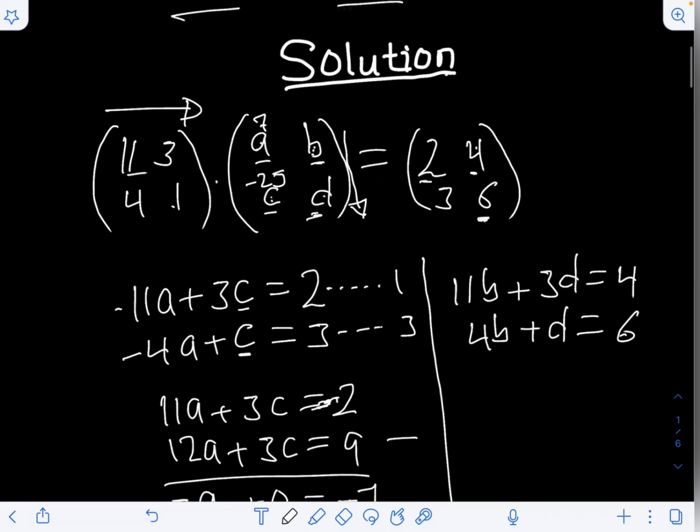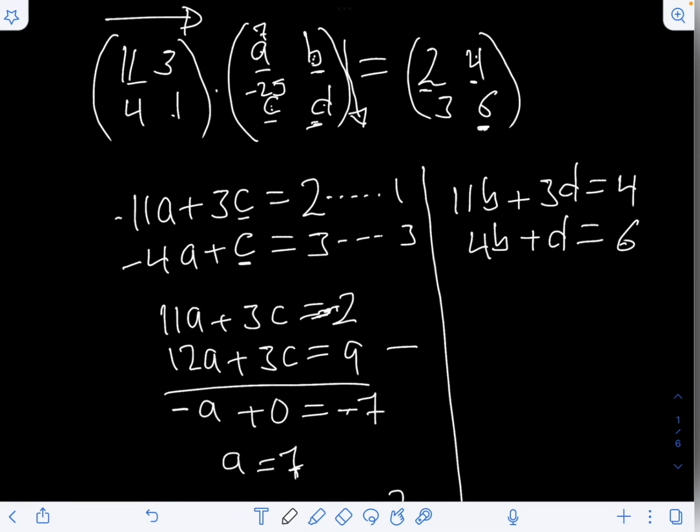Then from there, what are we going to do? Still, we are going to use the same method, which is elimination. Let's multiply by 1 here and by 3 here to make this D and D same. So 1 times this one will not change anything, which is 11B plus 3D should give us 4. Then 3 times 4 will give us 12B plus 3D should give us 3 times 6, which is 18.